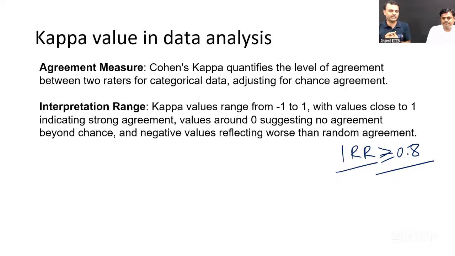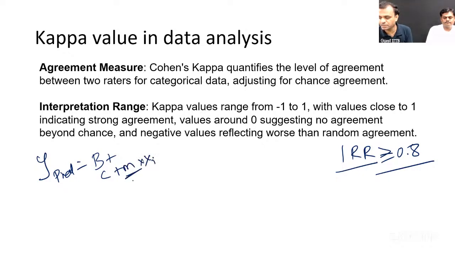But we took this IRR concept to ML. Instead of comparing two raters, we compared the actual value versus the predicted value. In linear regression, I can take any formula, linear regression or logistic regression: y predicted is the intercept c plus m times xi.